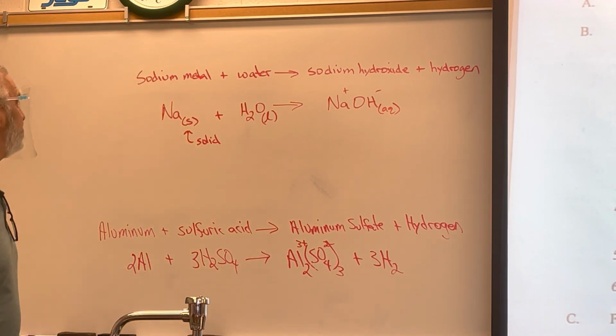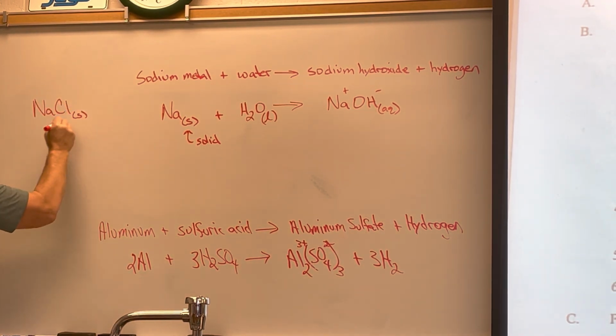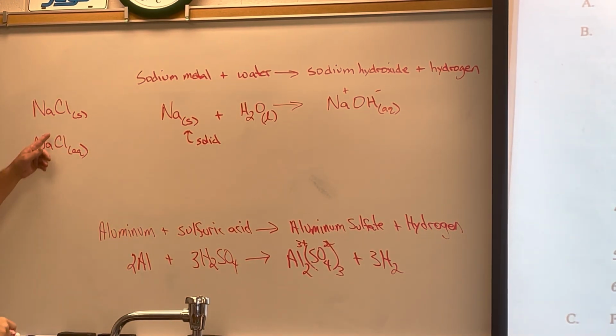The difference between these two: this is just salt like on your table in your salt shaker. This is solid salt. But this is like salt in the ocean or the Gulf. Salt dissolved, or the salt you put in the water to boil your spaghetti noodles. Or if you have contacts, the saline solution is salt dissolved in water.